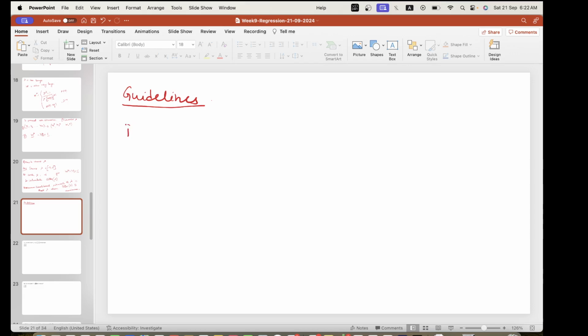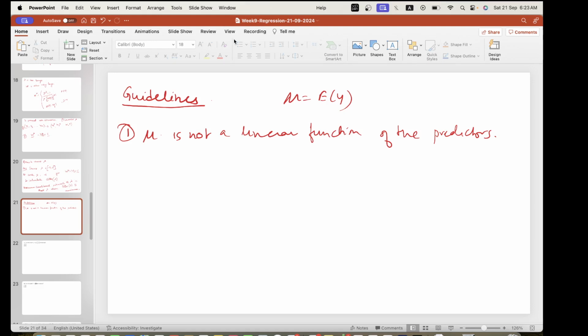If we somehow see that mu, which is the expectation of y, is not a linear function of the predictors, then we usually transform the response and or the predictor.